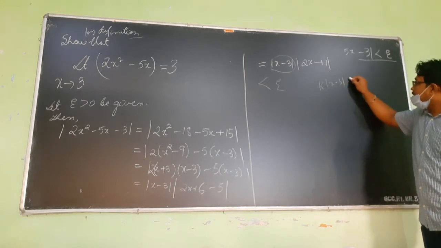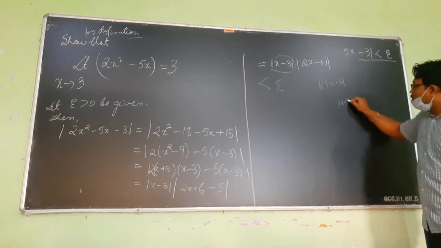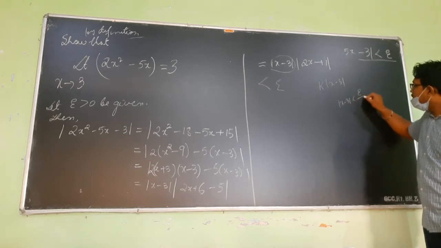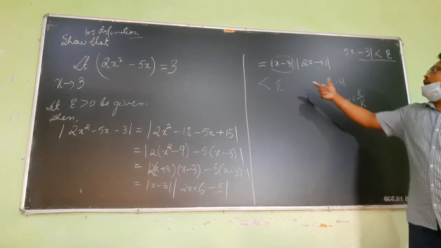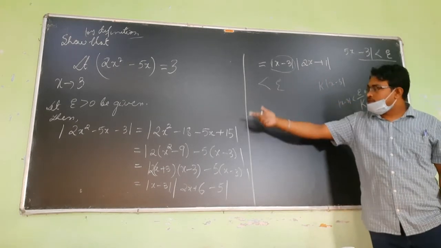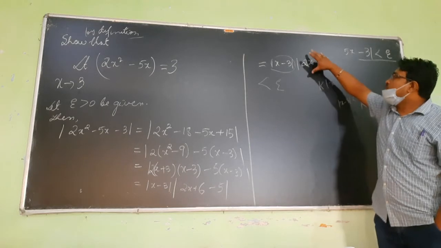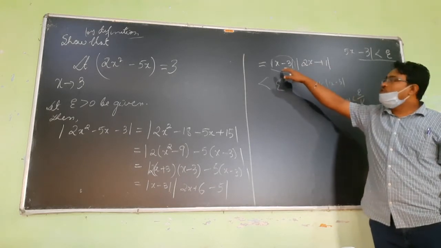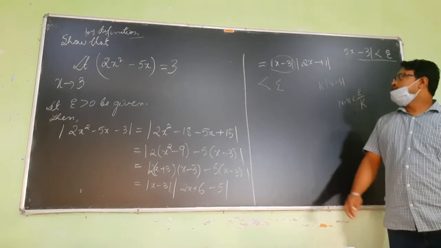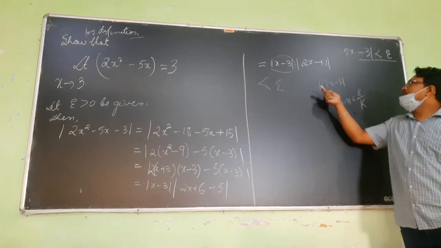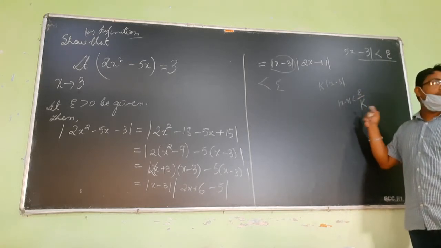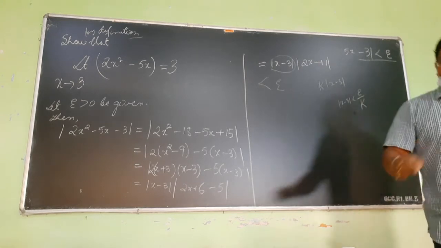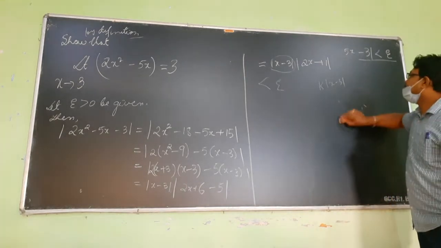I can make this less than epsilon by taking mod of x minus 3 less than epsilon by k. Our aim is to make this term less than some constant multiplied with mod of x minus 3. Then easily we can make this less than epsilon by taking it less than epsilon by k. That is the intention.